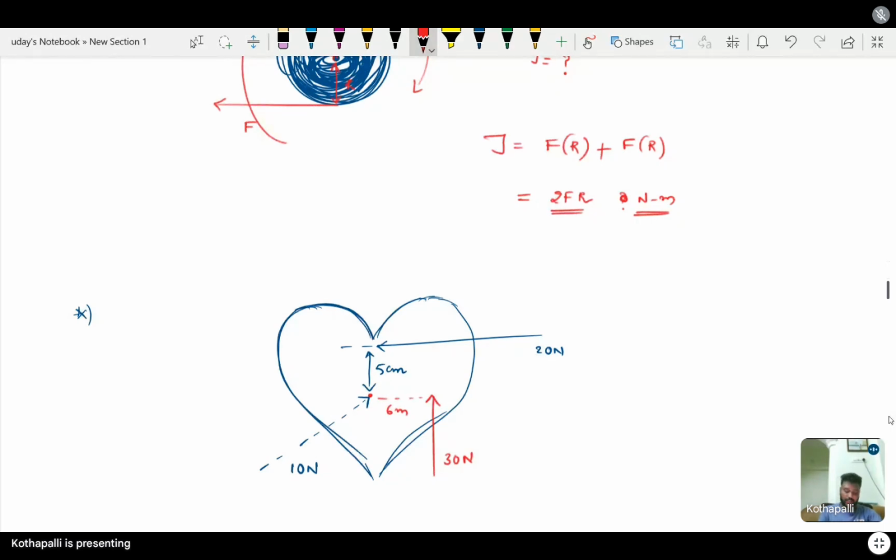Okay, there are three forces acting on this heart symbol. So my question is, what is the net torque acting on it?